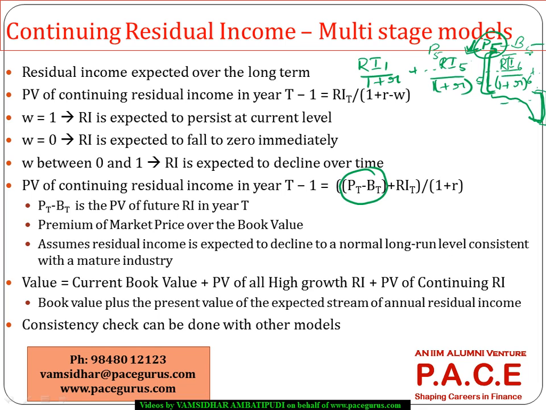If the RIs were not there from the 6th year onwards, the market price and the book value should be the same. If there is an excess, that difference is the sum of all the residual incomes from the 6th year to the infinite year onwards. So I am adding that to the RI of the fifth period, and again using it as a part of my discounting process.